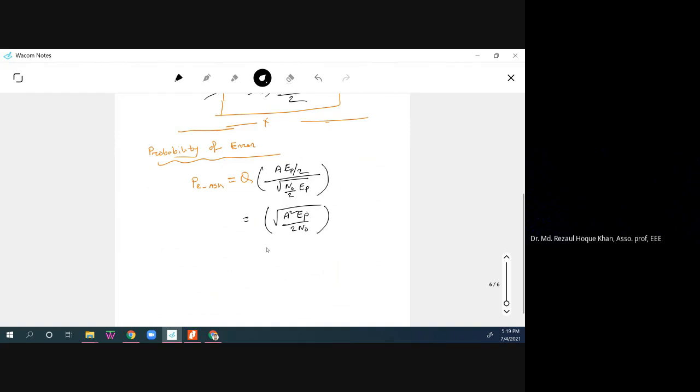This is the Q function, and what can we write here? Twice N0.